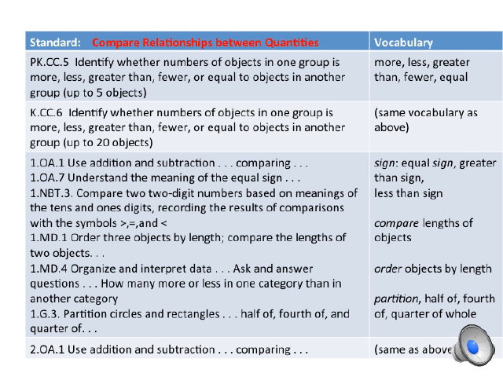To continue our comparison across grade levels, find grade 1 on the chart. As you remember, grade 1 standard starts with a 1. In grade 1, students build on the understanding of comparing relationships between quantities.